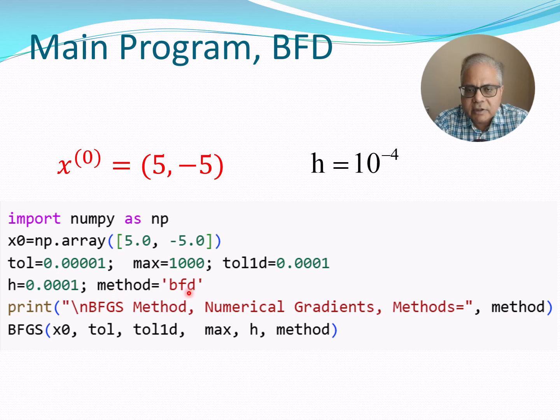This method is basically a string here, and then I'm going to invoke the BFGS function. It's going to take in x0, the starting point, the tolerance value, and the tolerance 1D value for the one-dimensional search and for the fact that the function has converged. I'm also going to use this max, which I'm using in the for loop, and the value of h and method are also going in.